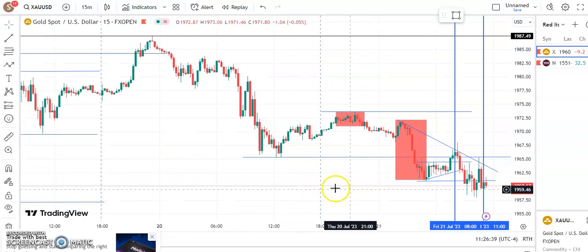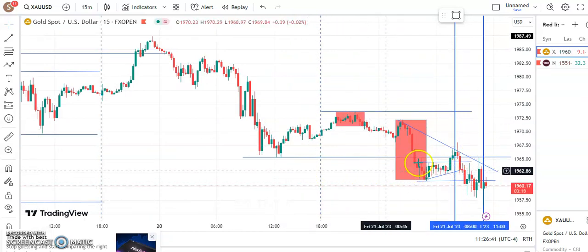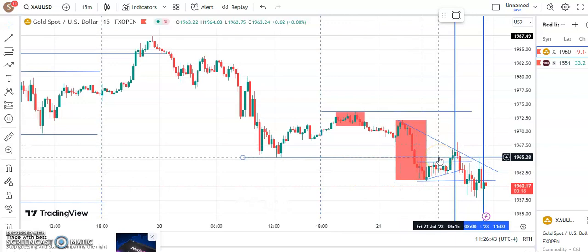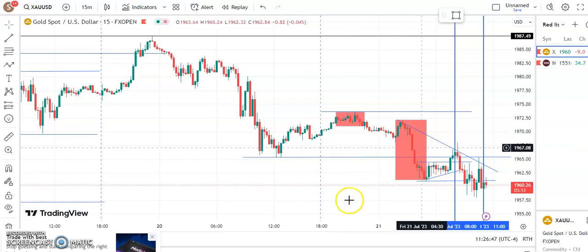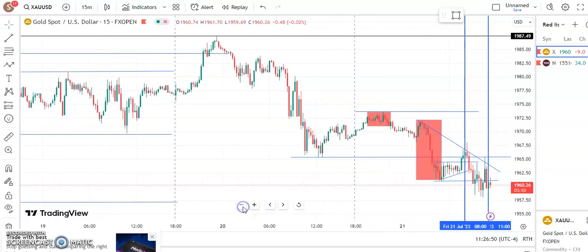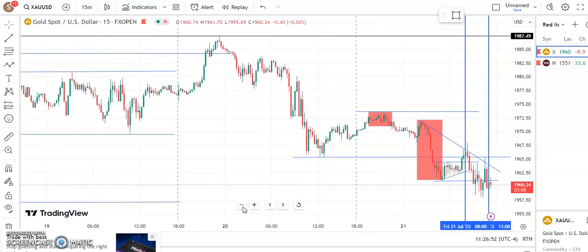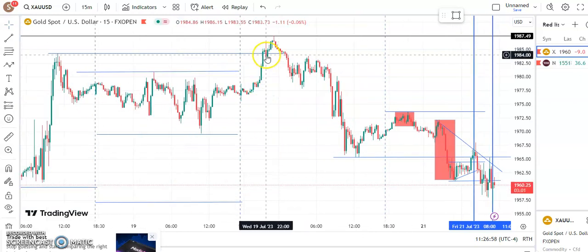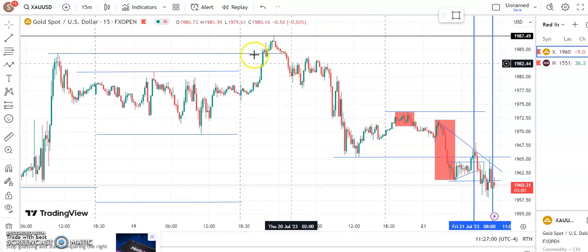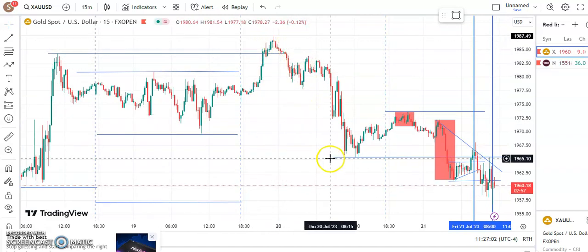So let's look at this trade setup. For most guys, maybe there was no trade today, but when you trade for a long time, when you look at the charts and you follow your strategy, you start seeing some patterns. So we had Thursday, the market broke down yesterday.